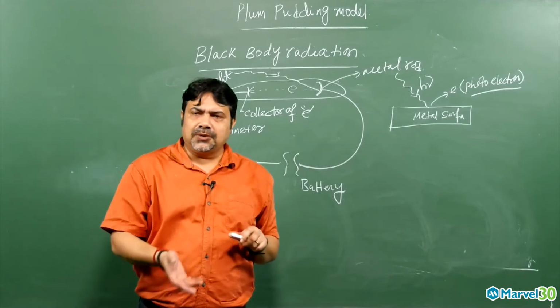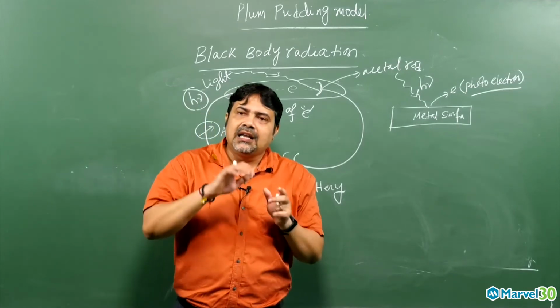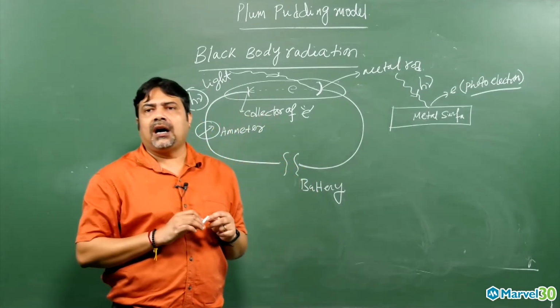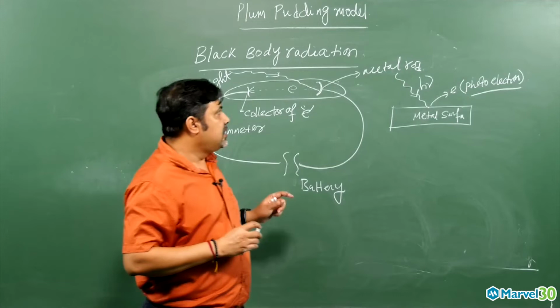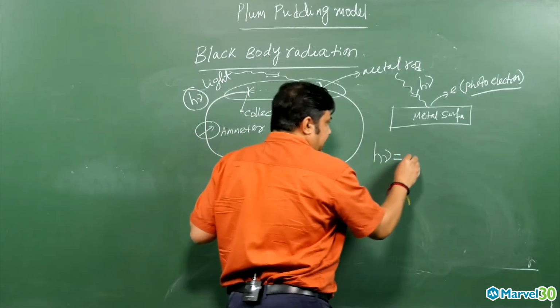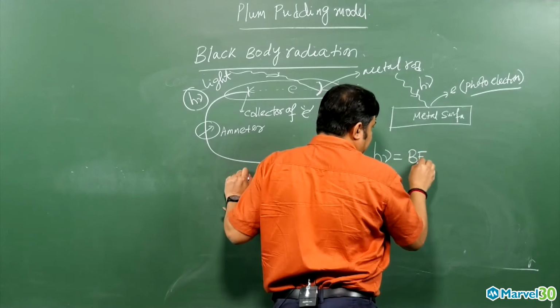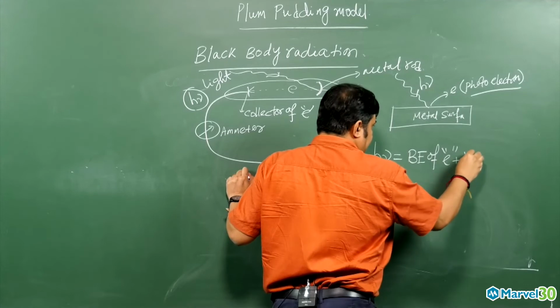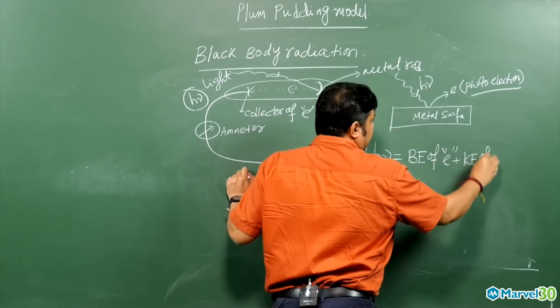If any excess energy remains, it will increase the kinetic energy of the ejected electron. That means the photon energy h nu equals the binding energy of the electron plus the kinetic energy of the ejected electron.